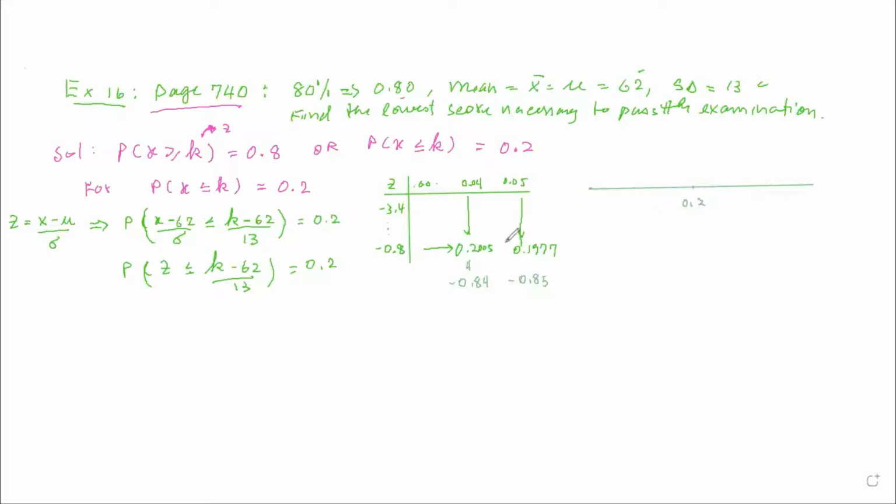And this number, from the left-hand side here, is 0.1977, and this side is 0.2005.